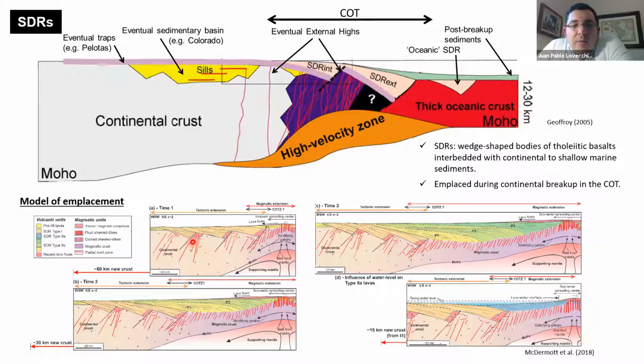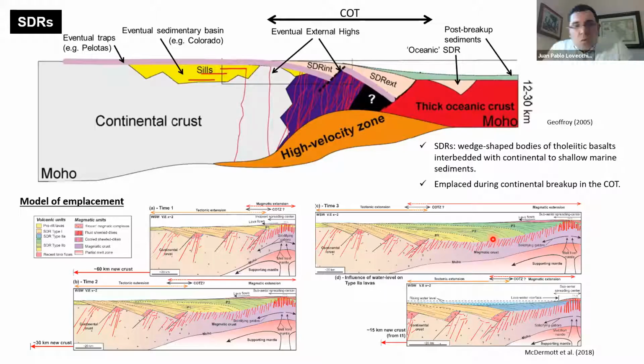They are normally limited by faults dipping towards the continent, and we can differentiate them from the outer SDRs or external SDRs, which show the seaward end of the wedges merging towards the magmatic crust of the future oceanic crust in this transition zone.